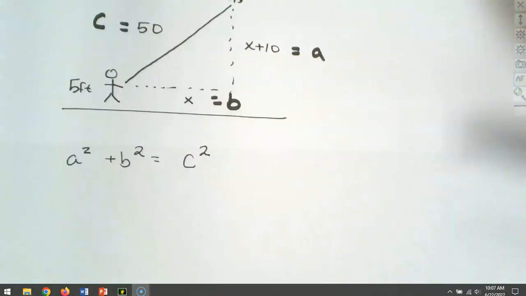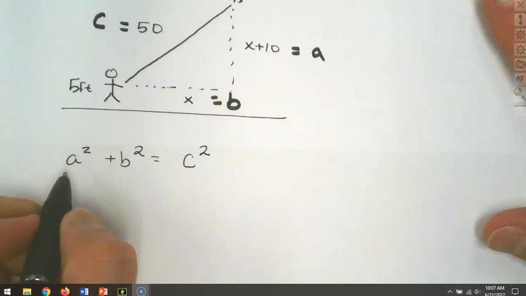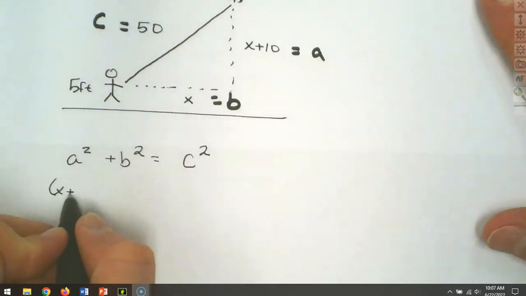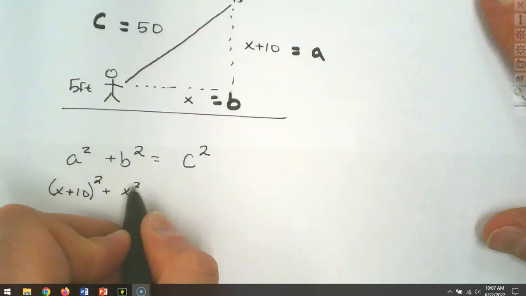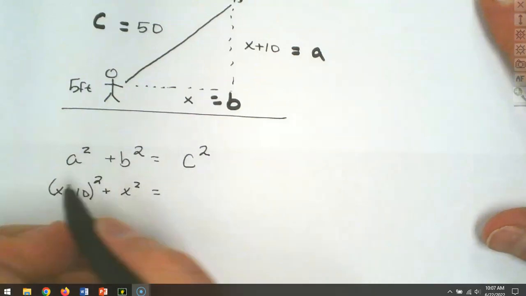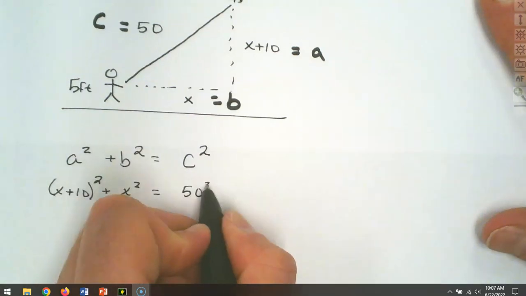And we can plug our values in. And that's going to equal 50 squared.